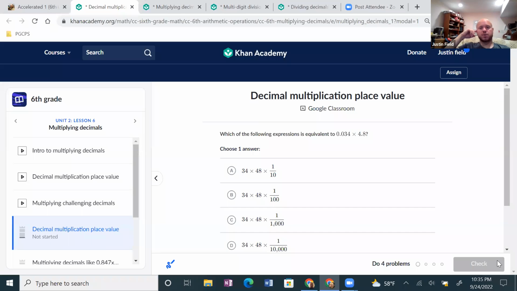Which of the following expressions is equivalent to 0.034 times 4.8? Okay.